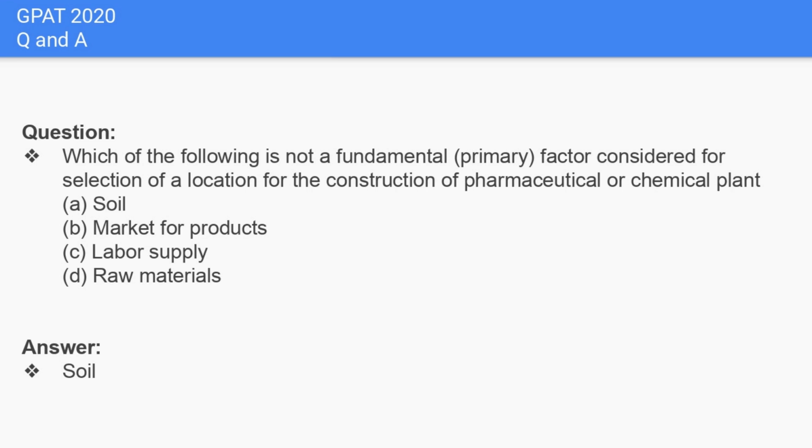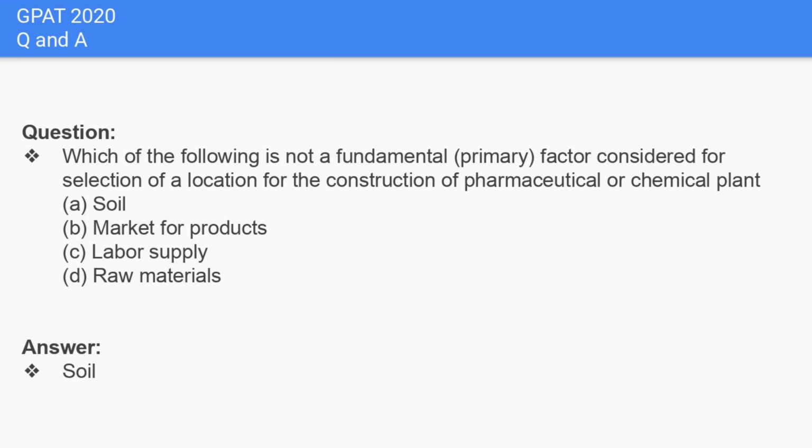Out of which soil is the right answer. There is no need to consider the type and quality of soil while selecting the location for a pharmaceutical or chemical plant. There is no relationship between the product being manufactured in that plant and the soil of that location.